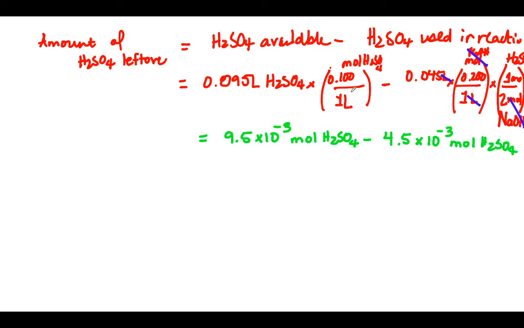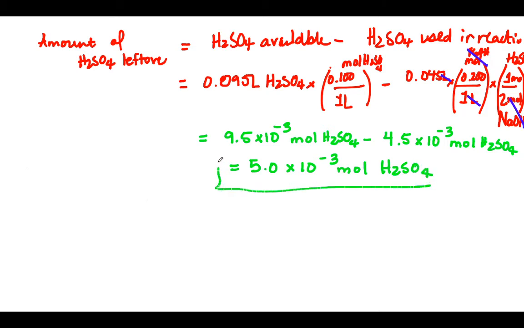So what I've done here, I looked at how many moles of H2SO4 were available, and I subtracted how much H2SO4 was used up in the reaction according to how much NaOH was actually there. So when I subtract these two numbers, I get how much H2SO4 is left over. And that is 5.0 times 10 to the power of negative 3 moles of H2SO4.